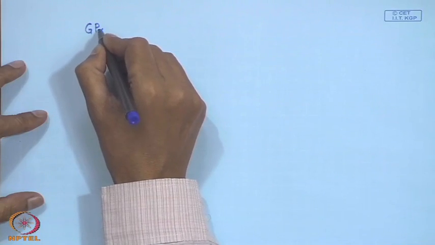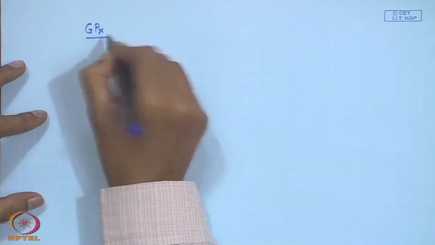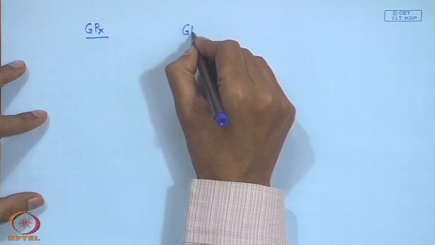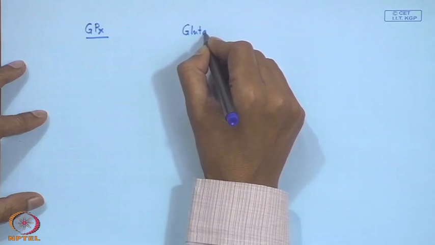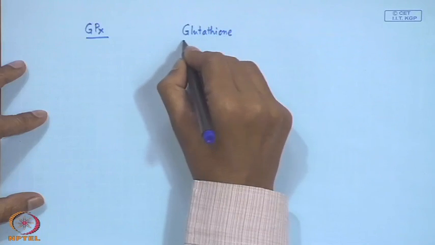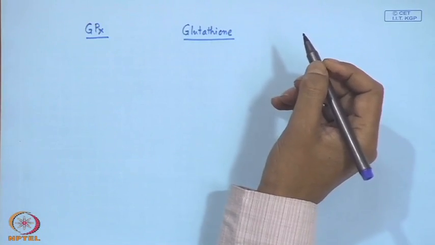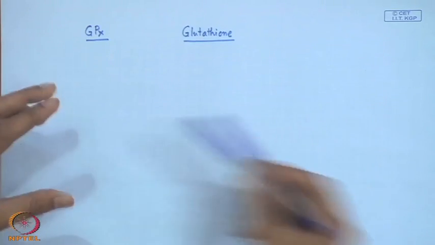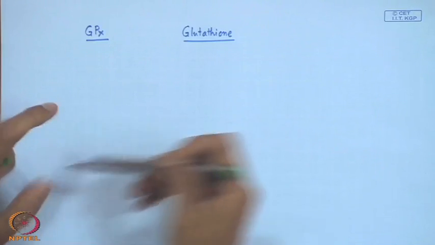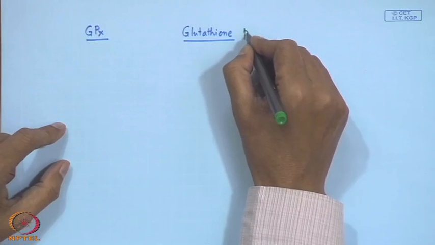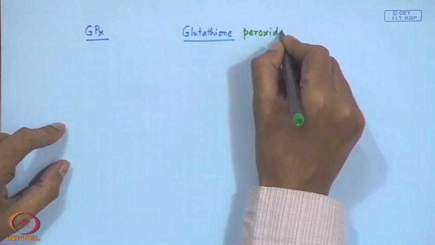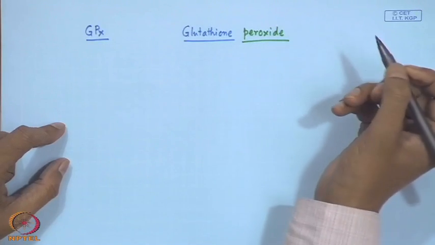It operates on the glutathione molecule, which is a very important antioxidant molecule. So, the first enzyme is glutathione peroxidase, which can show the corresponding peroxidase activity.